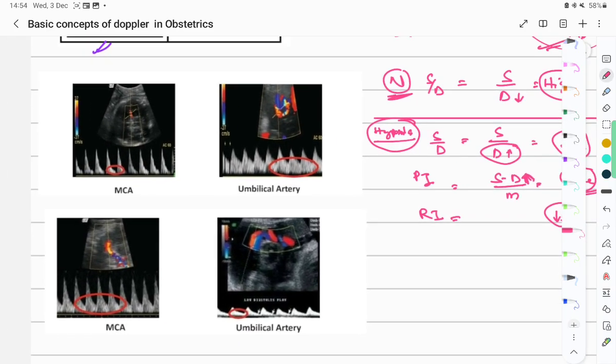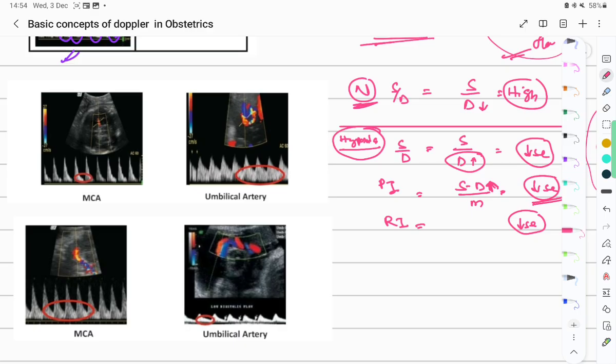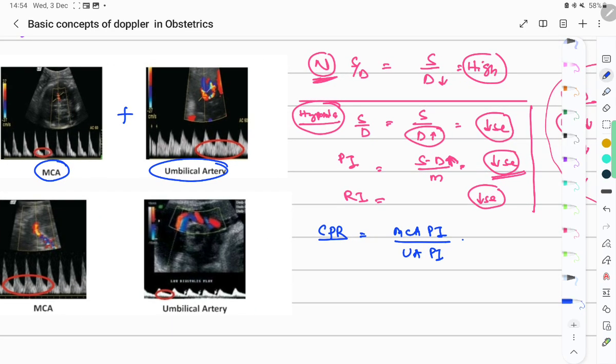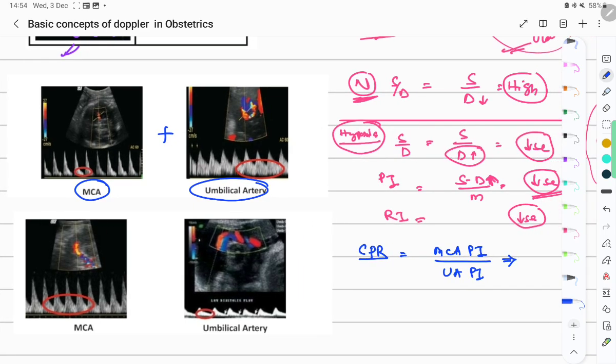If we take a combination of MCA Doppler and umbilical artery Doppler, that is called the cerebroplacental ratio, the ratio of MCA PI and umbilical artery PI. Suppose, for example, this is a normal fetus.